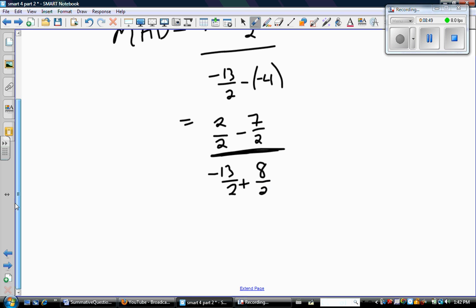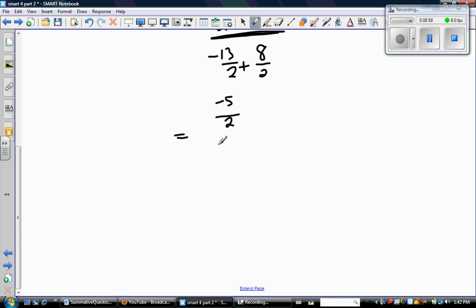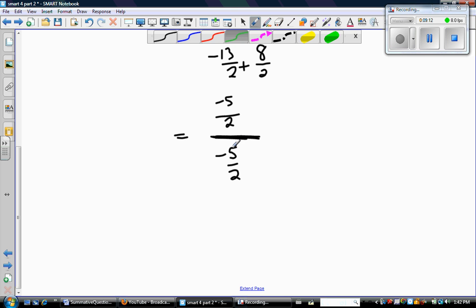Good, so keep going. In the numerator, the denominator is 2. 2 minus 7 is negative 5, and then a nice big fraction line over 2. Negative 13 plus 8 is negative 5. So now look what I have. Here's the big fraction: negative 5 over 2 over negative 5 over 2.